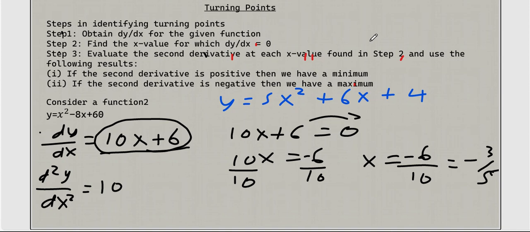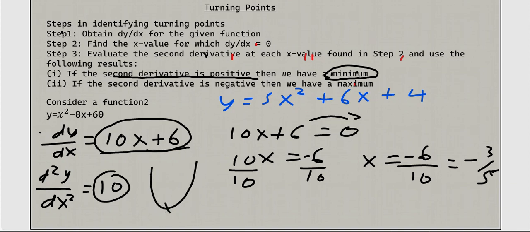This is a positive value, and because it's positive, then it's a minima. It's a minimum curve. Remember this, if the second derivative is positive, then we have a minimum. So because 10 is positive, this curve has a minimum point. And a minimum point, remember we are saying it looks like this. So this point here.